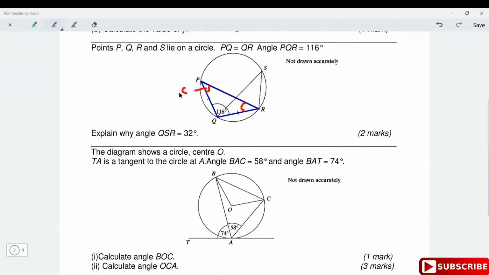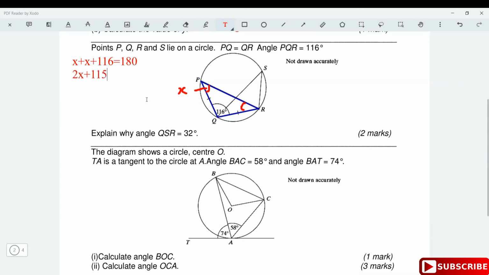So x plus x plus 116 equals 180. That is really 2x plus 116 equal 180. So 2x is 180 minus 116, which is 64. So x equals 32 degrees.